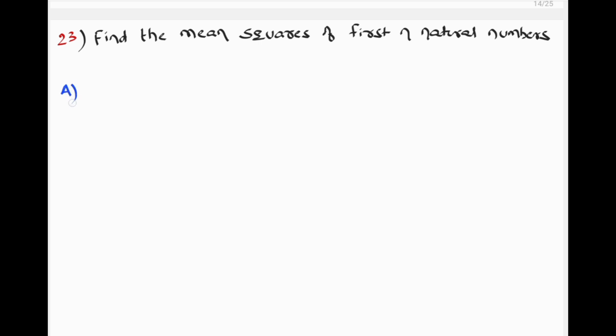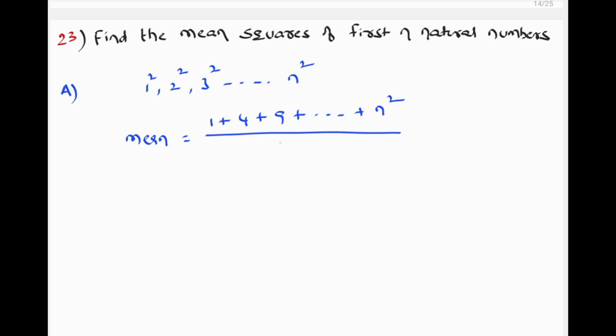In the problem, we have to find the mean of squares of first n natural numbers. The square numbers are 1 square, 2 square, 3 square, and so on, n square. So mean will be 1 power 2, 1, 2 power 2, 4, 9, and so on, n square, whole by number of observations, that is n. But here we are having the formula for the sum of the squares of first n natural numbers.